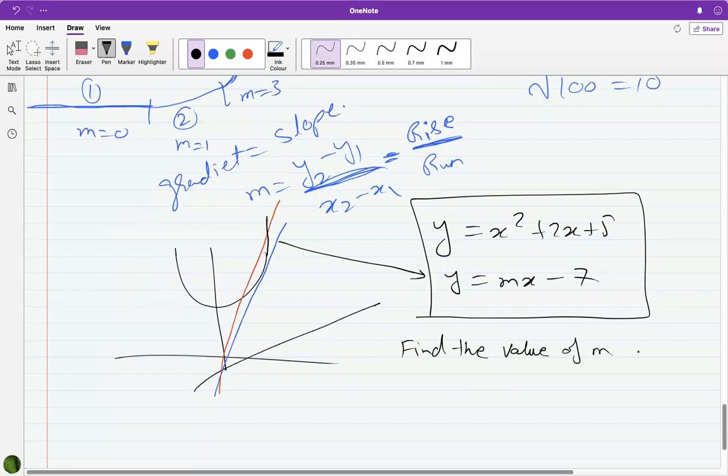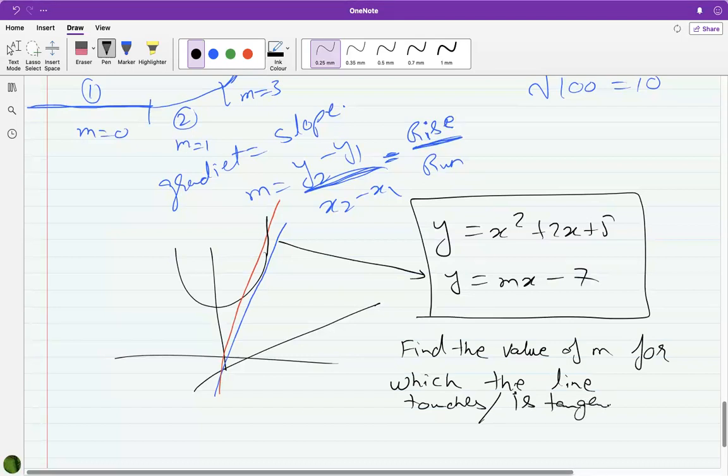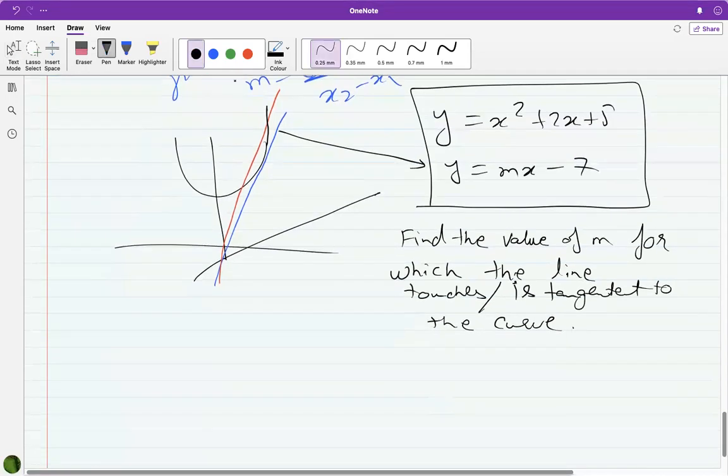Find the value of m for which the line touches or is tangent to the curve. Tangent to the curve means it touches at one point. So using substitution, like we did in O levels, simultaneous equations, substitution, y equals y.